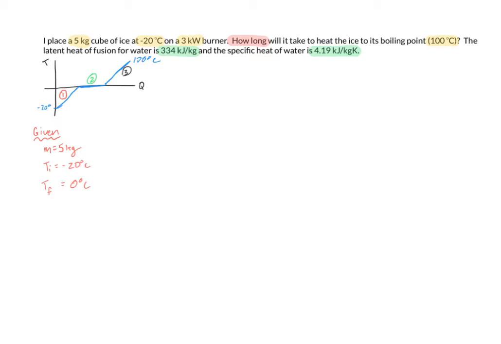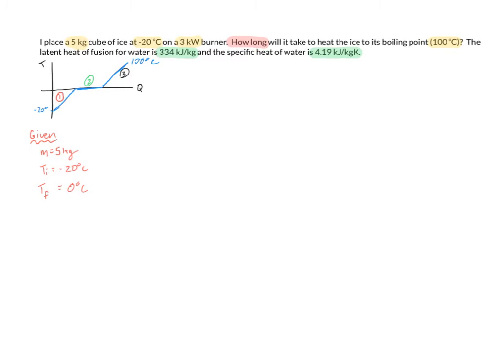And of these two things here, we care about the specific heat of water because we are heating water up, we are not melting it yet. So we are going to say C is equal to 4.19 kilojoules per kilogram Kelvin. So that's for part one.